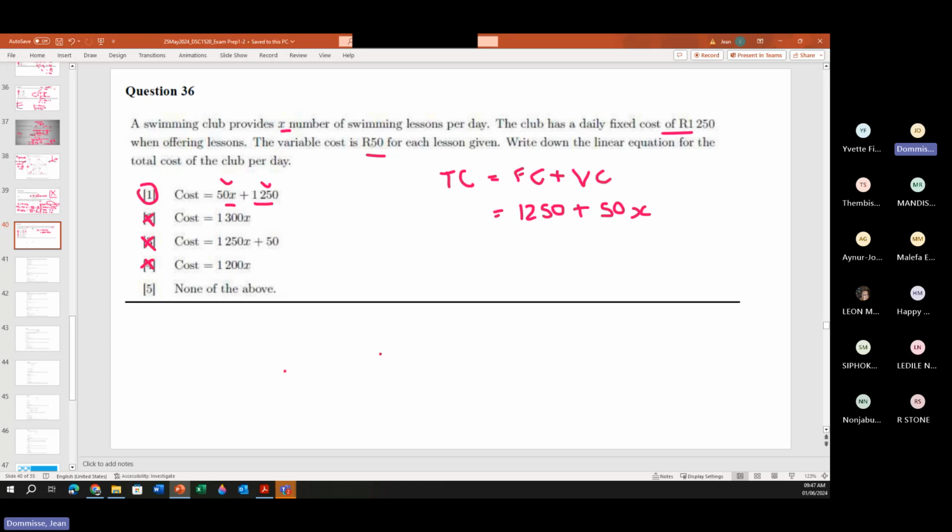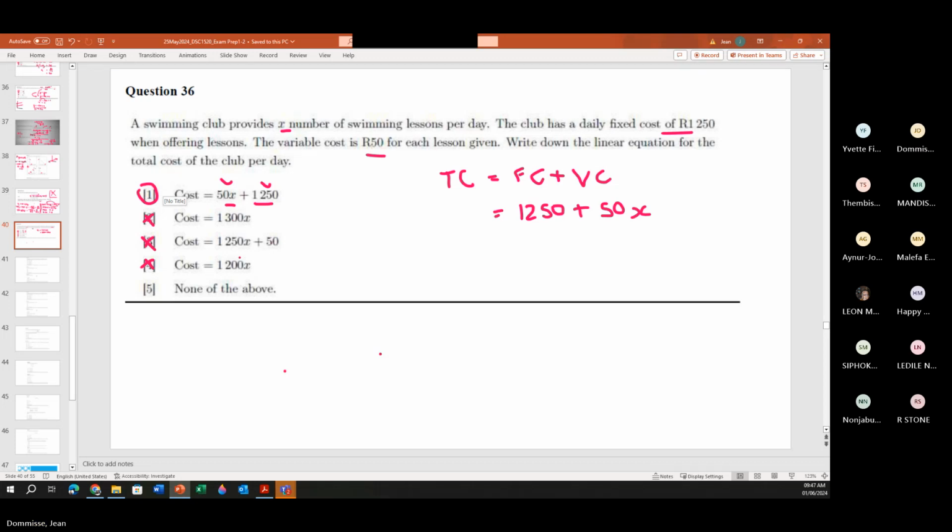And then you just put in the numbers for the fixed cost and the variable cost. And obviously they do give you the other options to confuse you.